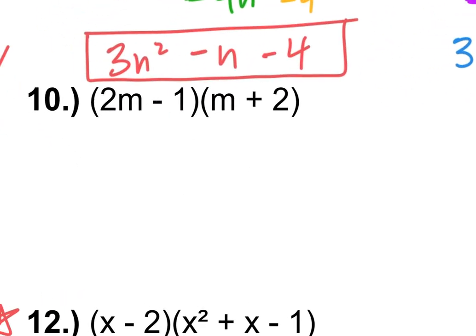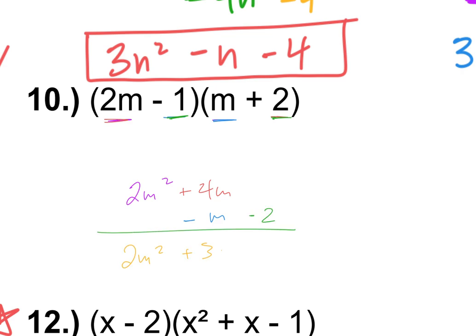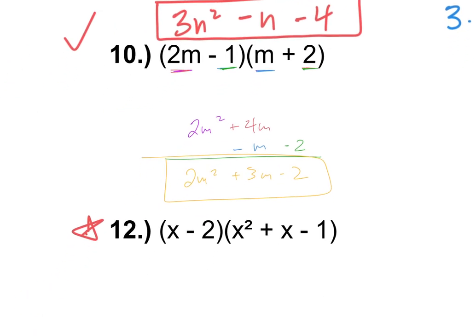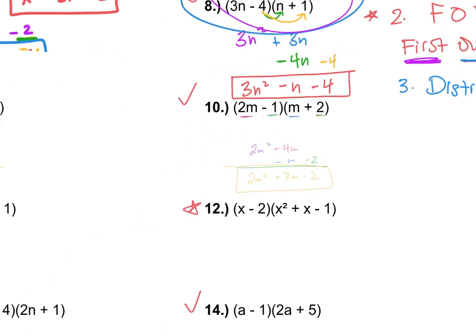You'll probably just mentally look and go, okay, 2m and m, that's 2m squared. 2m and 2, that's 4m. Negative 1 and m, that's negative m. Negative 1 and 2, that's negative 2. 2m squared plus 3m minus 2. I think that's the method you just kind of do in your head.